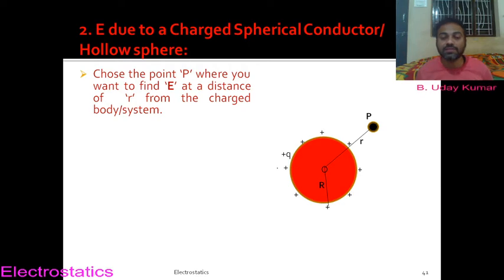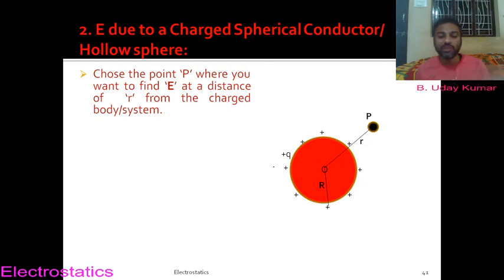So I have chosen point P where I want to find the electric field intensity, and I have taken its distance as small r. Remember, in this derivation there are two r's. One is small r, another is capital R, where capital R is the radius of the spherical conductor whose electric field intensity we want to find, and small r is the distance of point P from the spherical conductor where we want to find the electric field intensity.